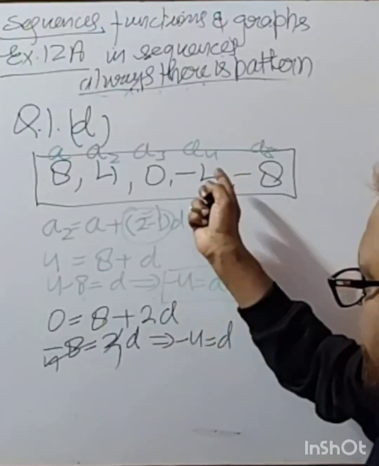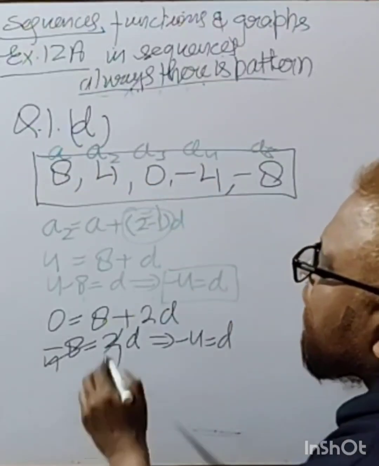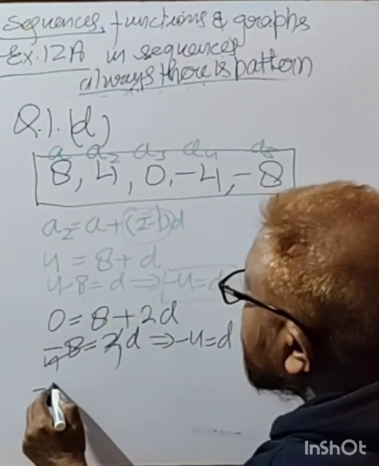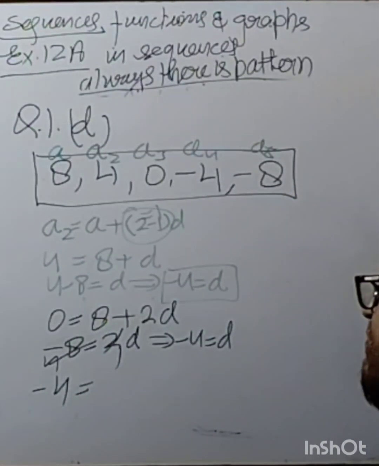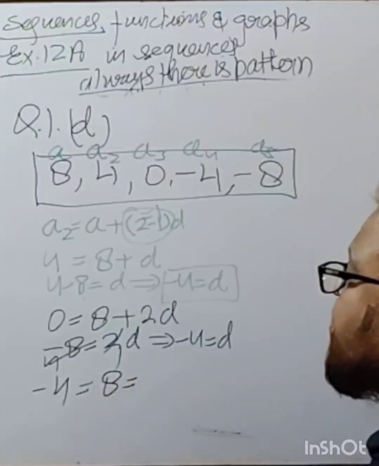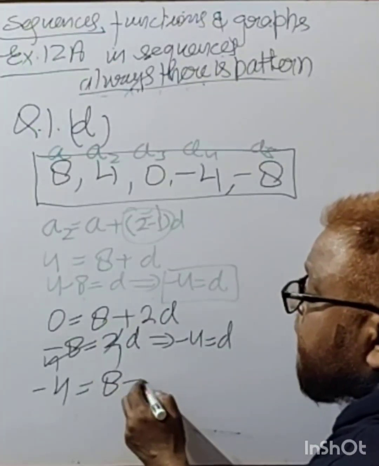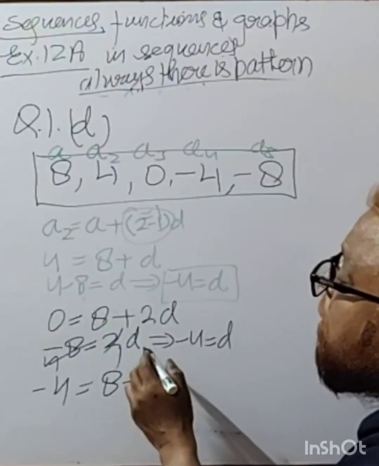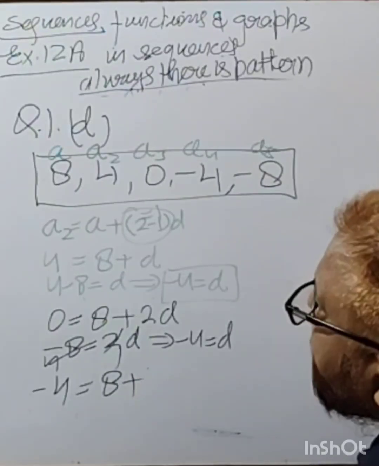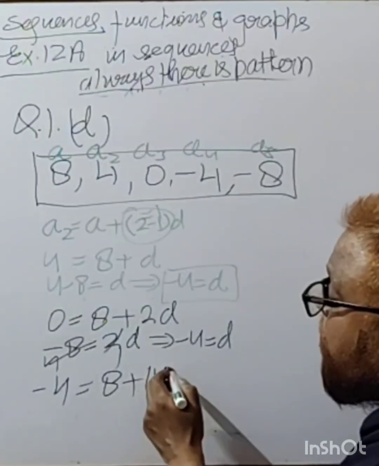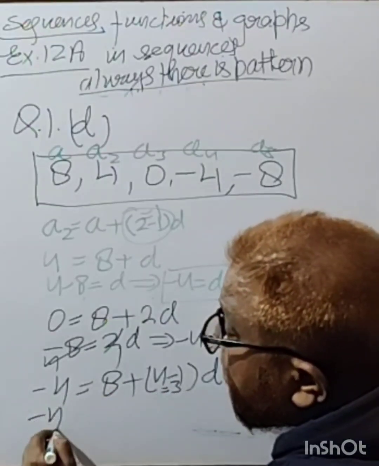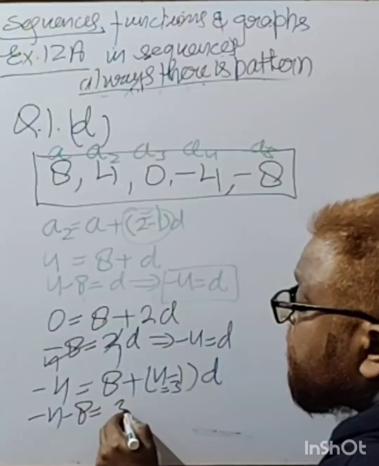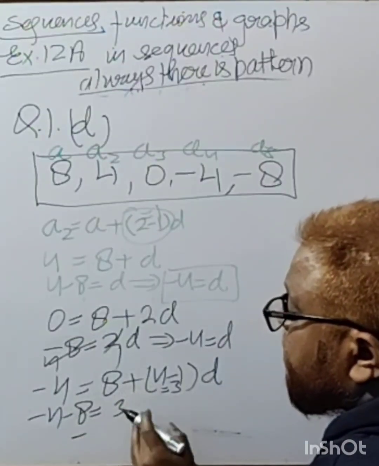If we take A4, it is minus 4 is equal to 8 plus 4 minus 1 into D. So this will be 3D. So minus 4 minus 8 is equal to 3D.